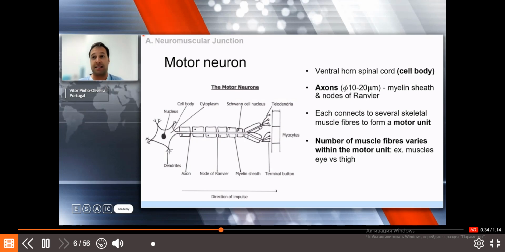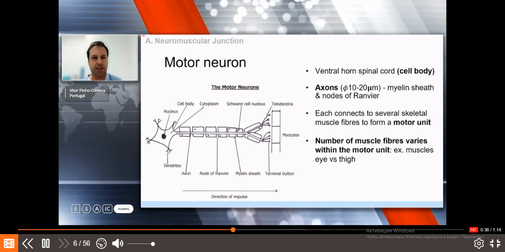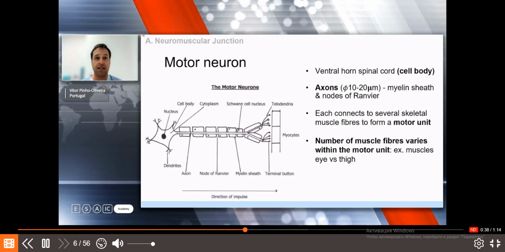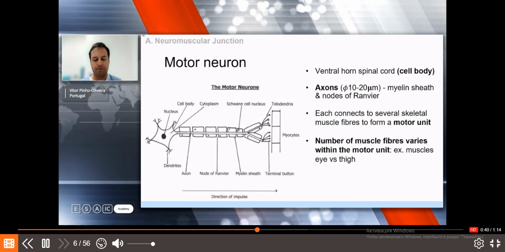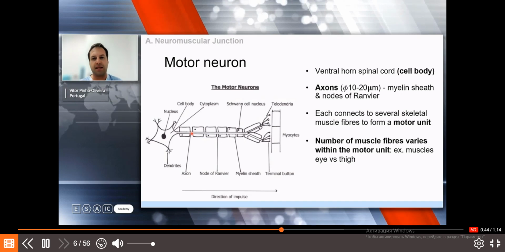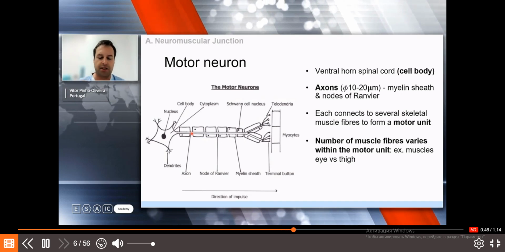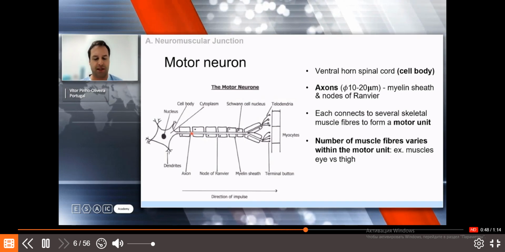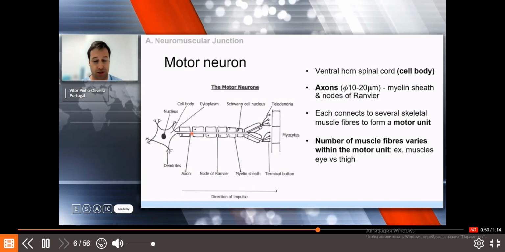The Schwann cells act as an insulator to speed up nerve conduction. The myelin sheath is interrupted by the nodes of Ranvier that you see here, which allow saltatory conduction, speeding up the conduction even further.